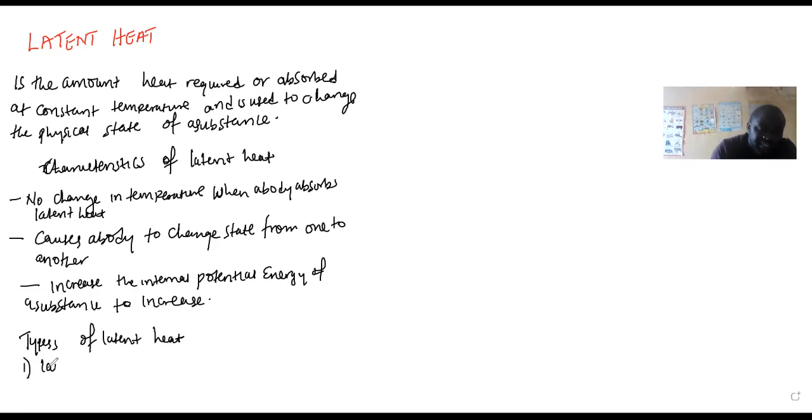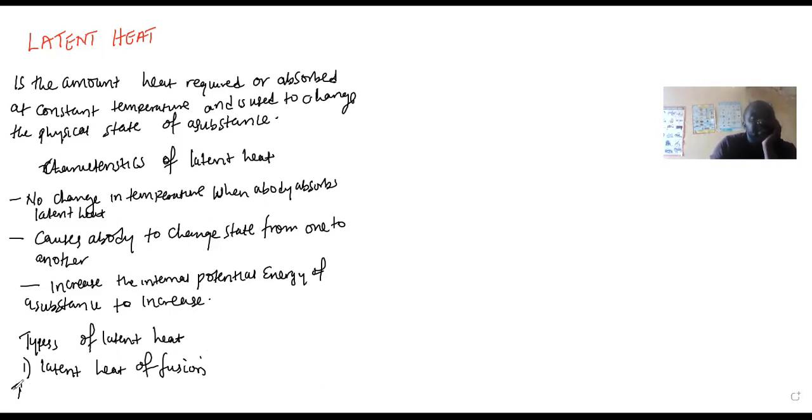One, the latent heat of fusion. And I've mentioned this in my introduction as heat we require to change the state of a substance from a solid to liquid or liquid to solid. Okay, so in this sense, you will see that latent heat basically is the amount of heat energy one requires to convert a substance from solid to liquid state at a constant temperature.